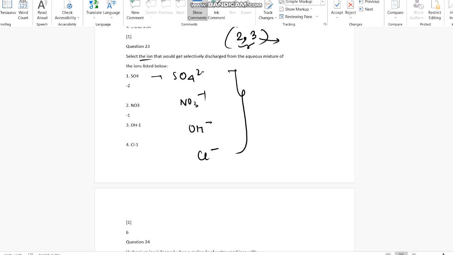In an aqueous mixture, we have H plus as cation and hydroxide as anion. The anion that is below the hydroxide ion in the activity series can be selectively discharged. Sulfate is in a higher position than hydroxide, nitrate is in a higher position than hydroxide, but chloride is below.